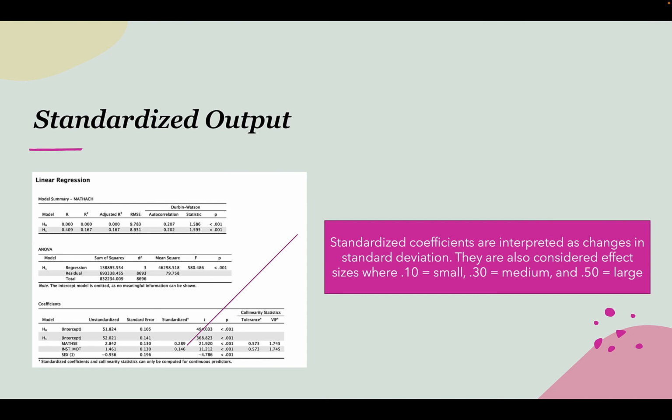The standardized coefficients are sometimes referred to as effect sizes, where 0.1 is small, 0.3 is medium, and 0.5 is large. Here we see for math self-efficacy that value of 0.289, telling us that it's a small to medium, very close to medium effect on 10th grade math achievement.